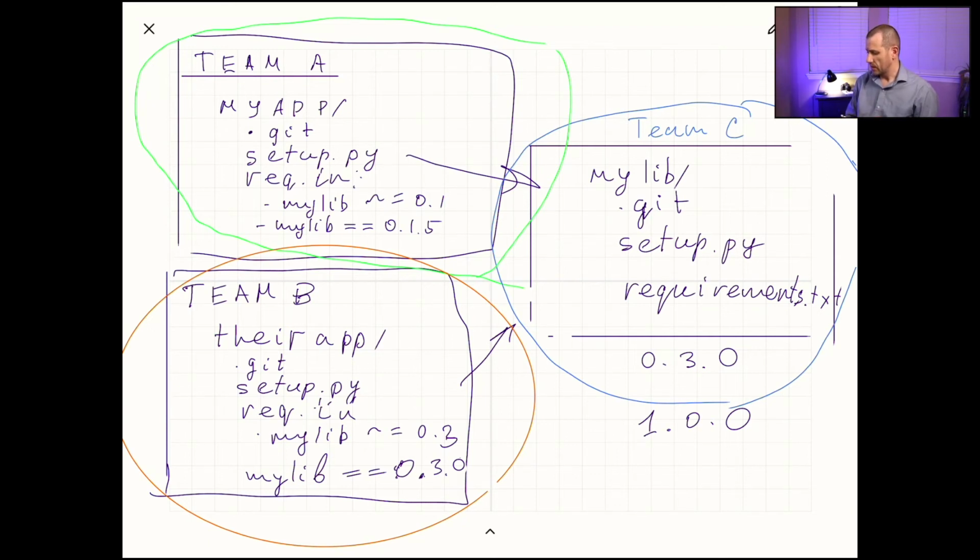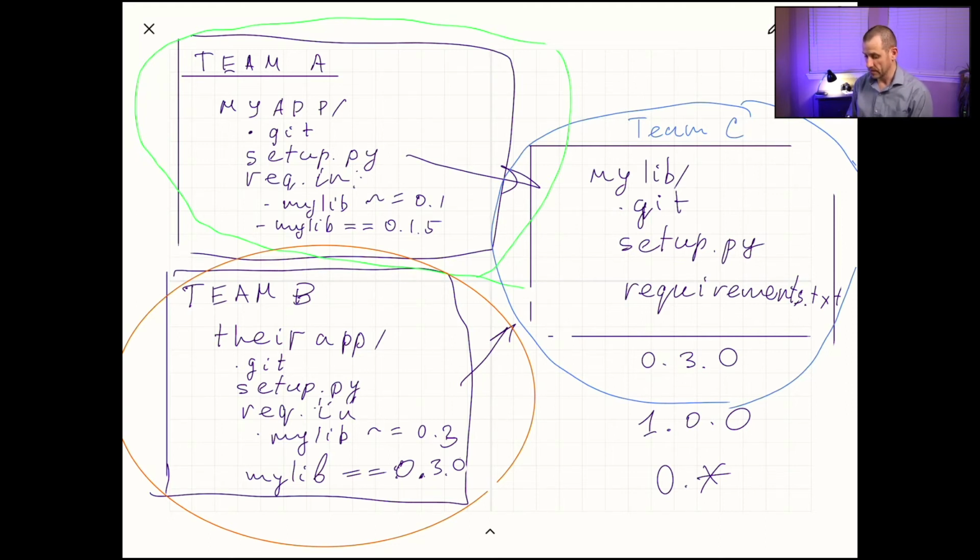But let's say that in your company you have security vulnerability checks implemented in your CI system, and that check at some point fails if any of the applications use 0 version of mylib.